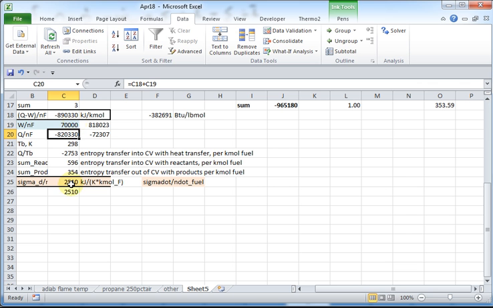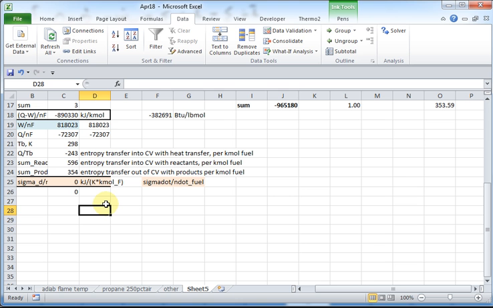Well, you have a positive sigma dot, meaning there's some irreversibilities occurring. The maximum work you can get out of that fuel cell is 818,203. That's when sigma is equal to 0, right? So 818,023. And sigma dot's equal to 0. So it's reversible.